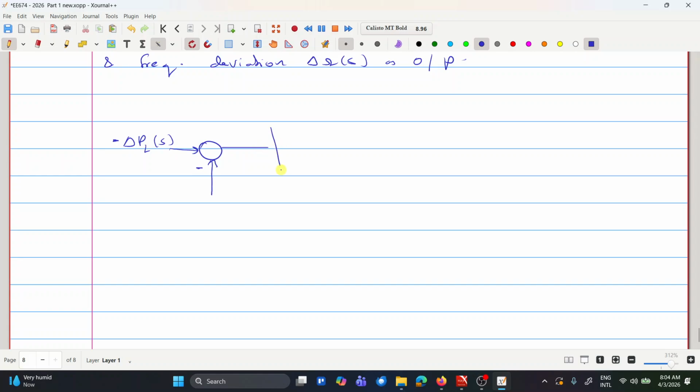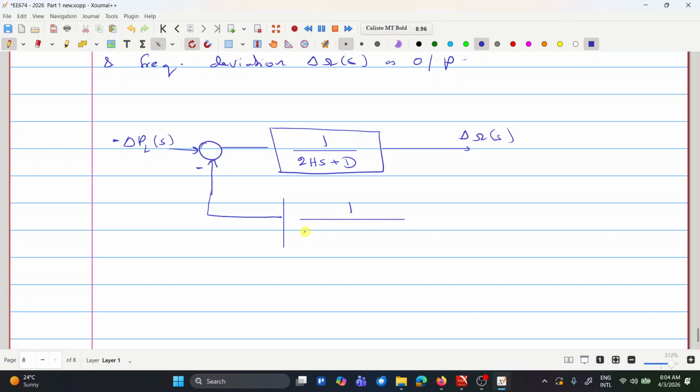And you will get 1 over 2Hs plus D, delta omega(s), and then here you will get the 1 over R times 1 plus tau g s times 1 plus tau t s, right?